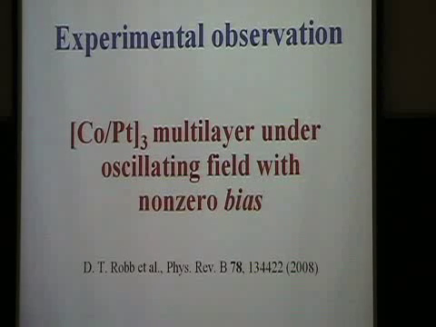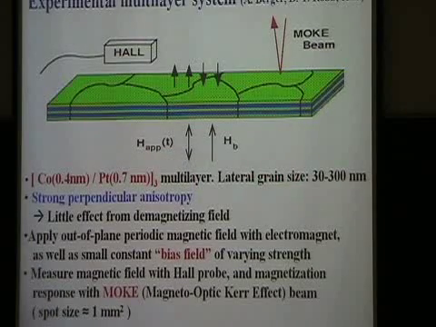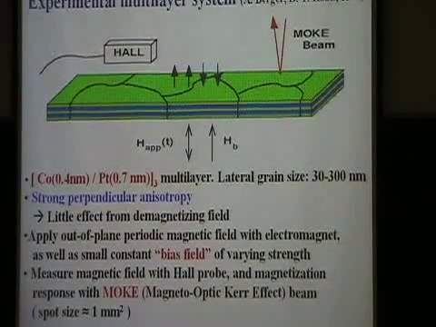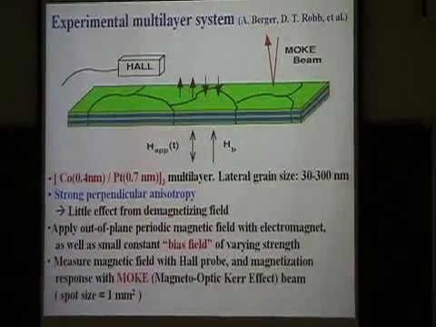The Hitachi group did, and we analyzed, experimental data for a cobalt platinum multilayer, which is a good approximation for a two-dimensional Ising model with perpendicular anisotropy.